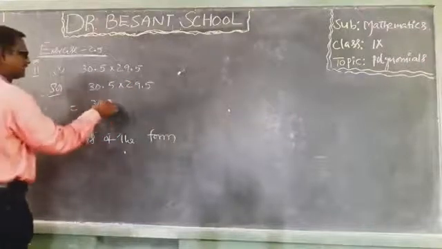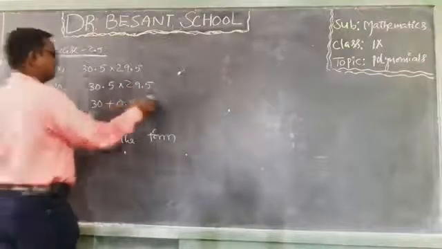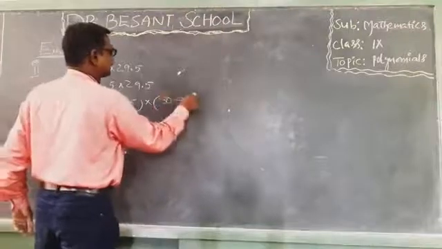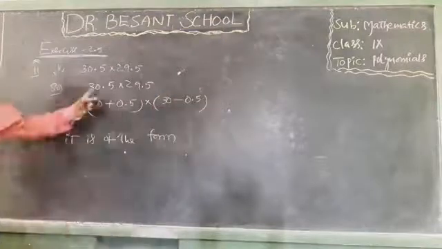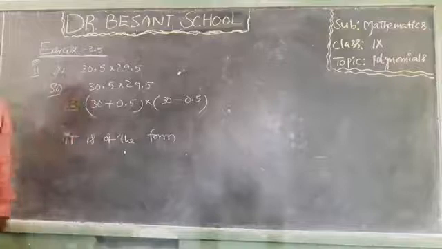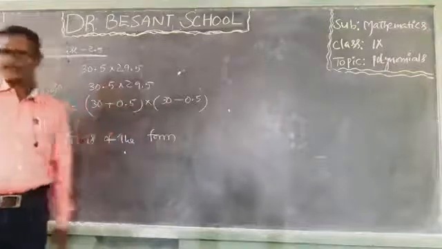It can be written as 30 plus 0.5, and indeed the other can be written as 30 minus 0.5. 30 plus 0.5 means 30.5. 30 minus 0.5 is 29.5.